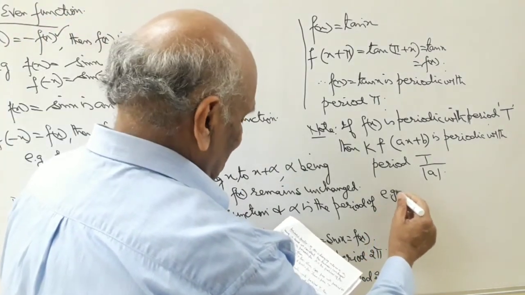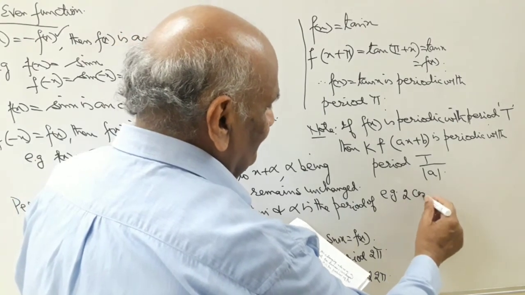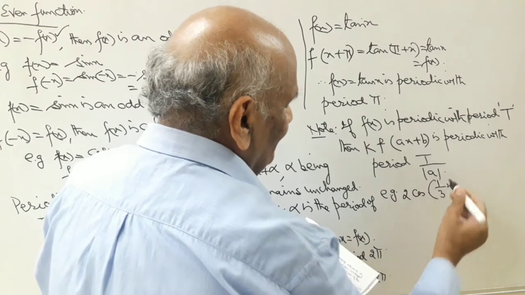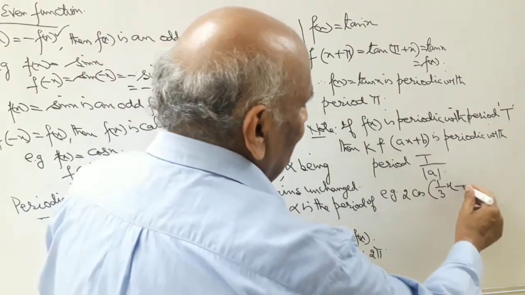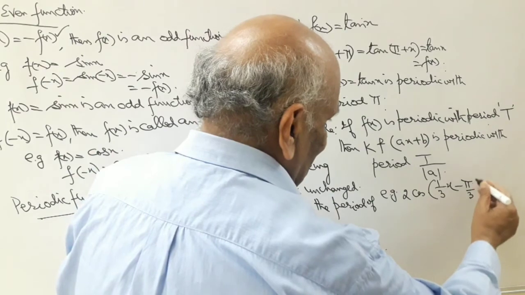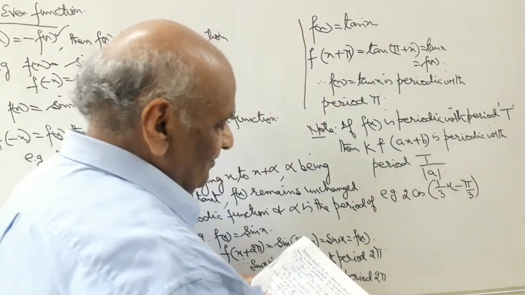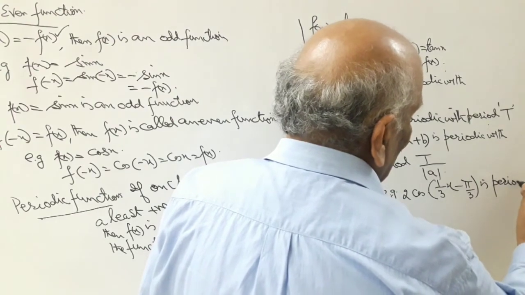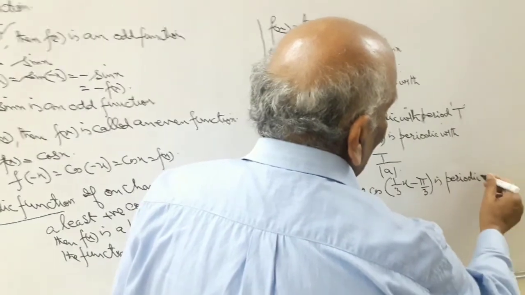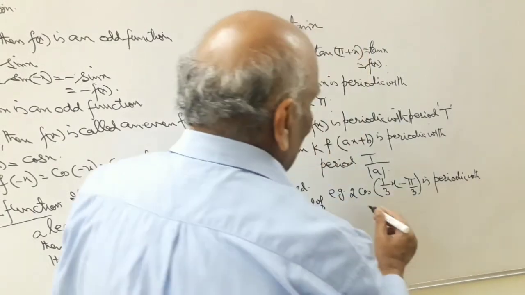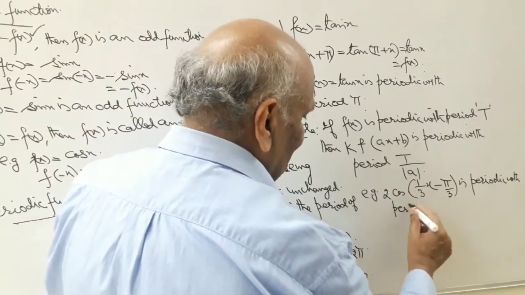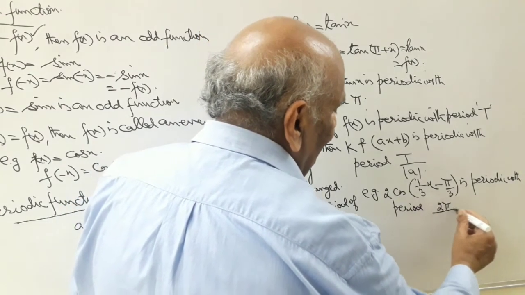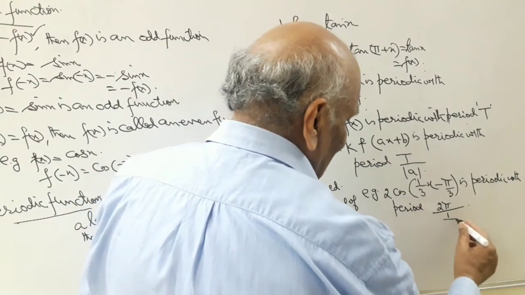For example, we have 2 cos (1 by 3 x minus pi by 3), which is periodic with the period 2 pi upon 1 by 3.